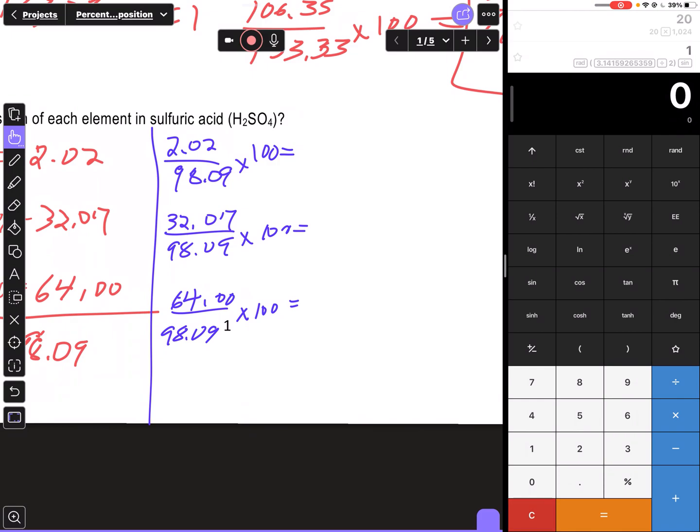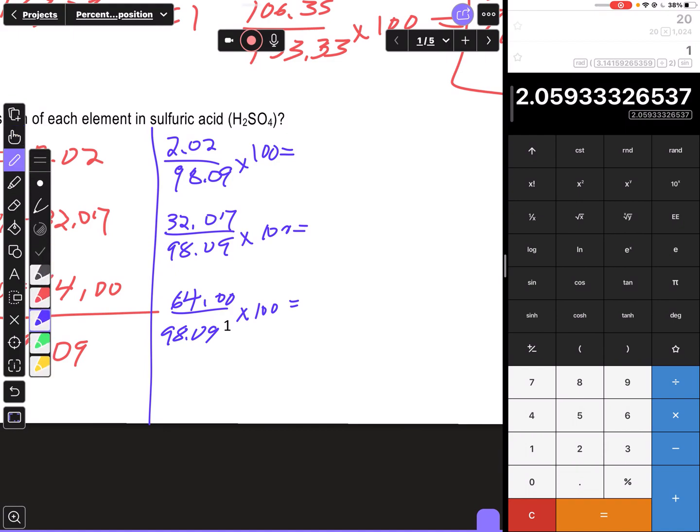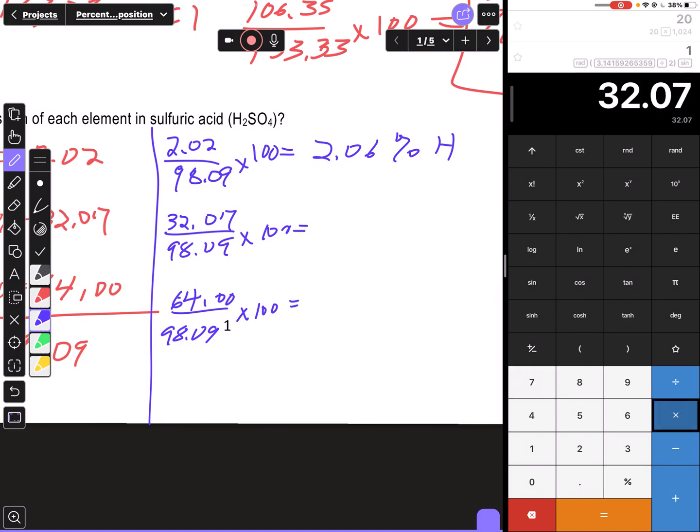So first for hydrogen, it's 2.02 divided by 98.09, then multiply that by 100. This equals 2.059, which to two decimal places would be 2.06, and that's percent hydrogen. For the sulfur, 32.07 divided by 98.09. Multiply by 100.